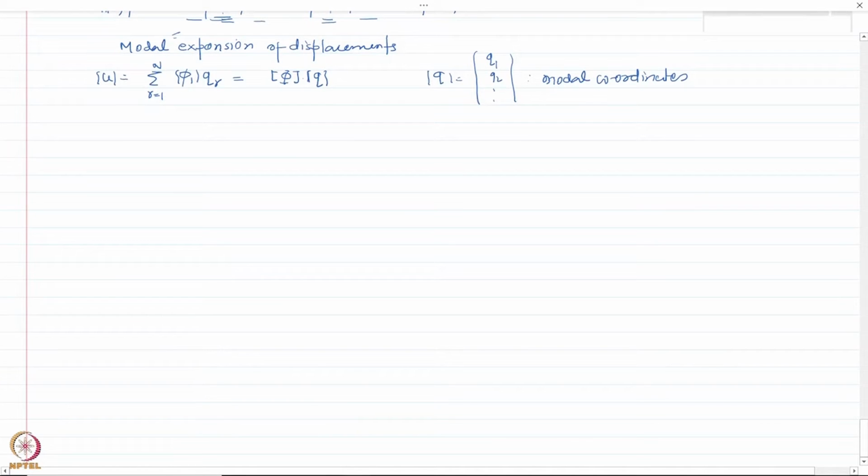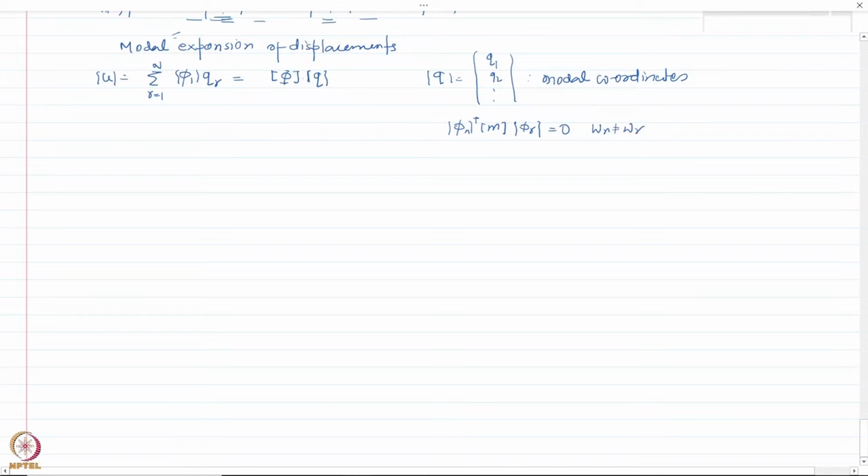Now we are going to utilize again the condition of orthogonality of the modes, which basically says that if I have two different modes, then the product of the transpose of one mode times the mass matrix times another mode would be equal to 0, as long as those are different mode shapes.